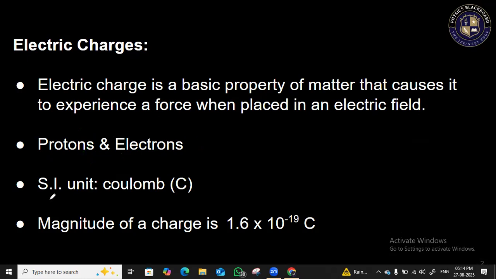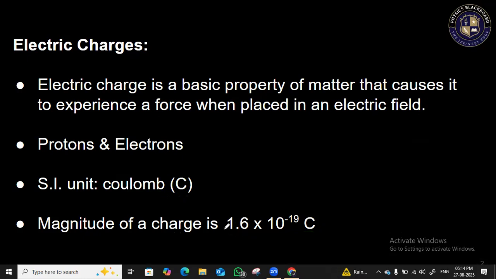When it comes to the SI unit, electric charge has the SI unit of coulomb. It is denoted with the capital letter C. And the magnitude of charge is 1.6 into 10 power minus 19 coulombs.